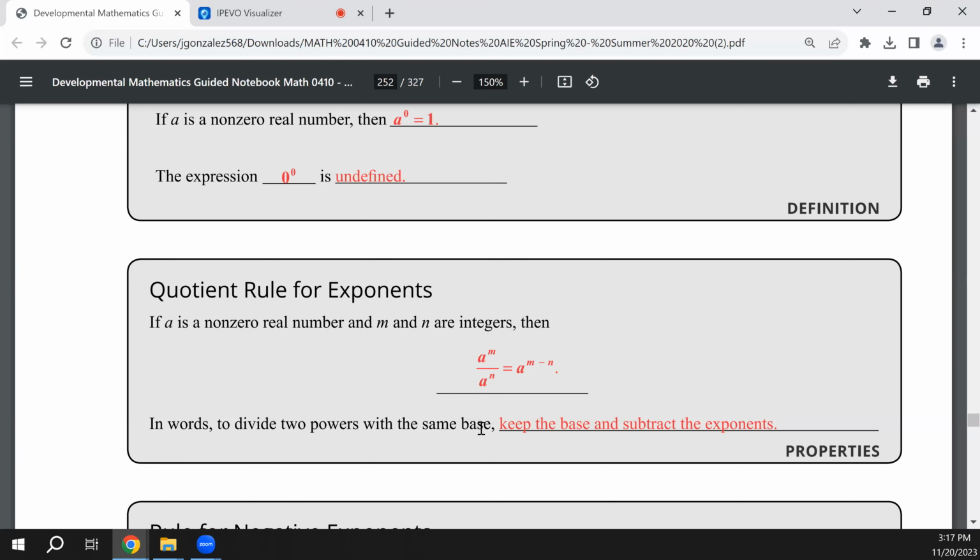So like, if there's already a negative there, go minus twice. That might turn into an addition problem. It just depends. So just keep the base, subtract the powers. But sometimes when you're dividing, you may end up with a negative exponent. So the next rule will show you how to deal with it.